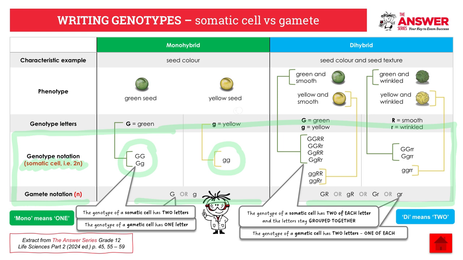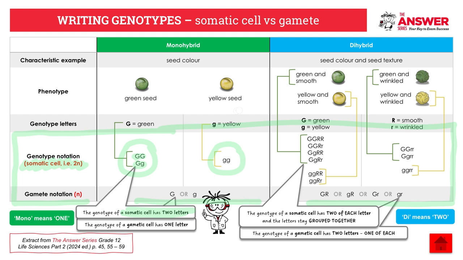So green could be big G, where one of the big G's comes from the mom and the other one comes from the dad, maternal and paternal chromosomes. Then big G, small g, one comes from the maternal chromosome, one from the paternal chromosome. So the point is, a genotypic notation of a somatic cell for a monohybrid cross consists of 2 letters.